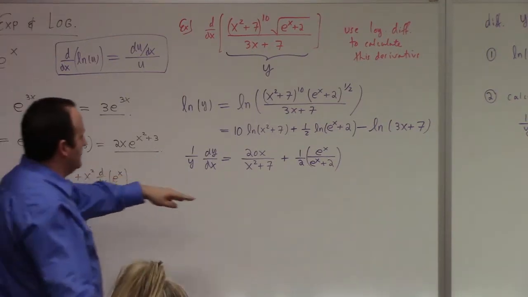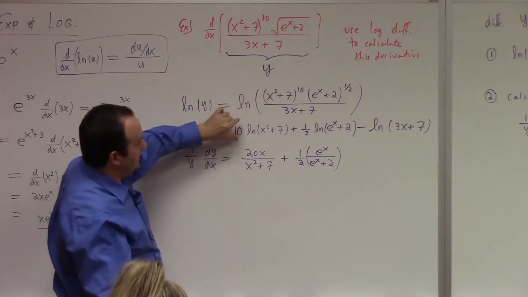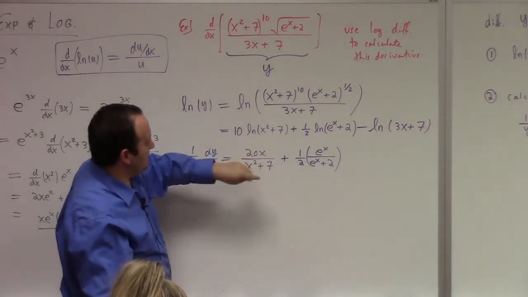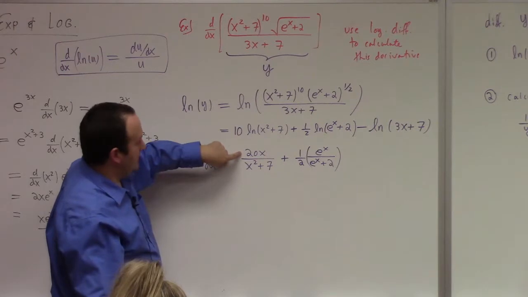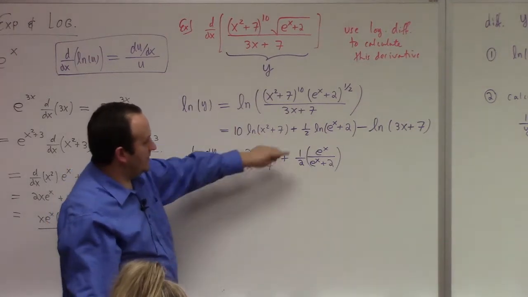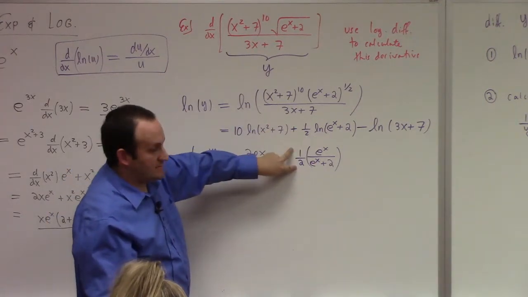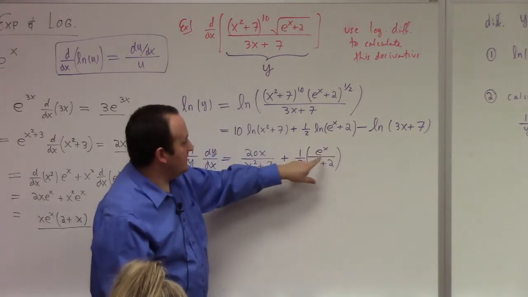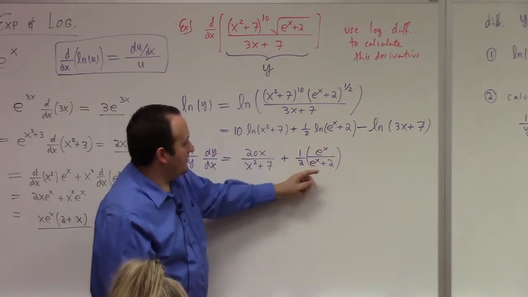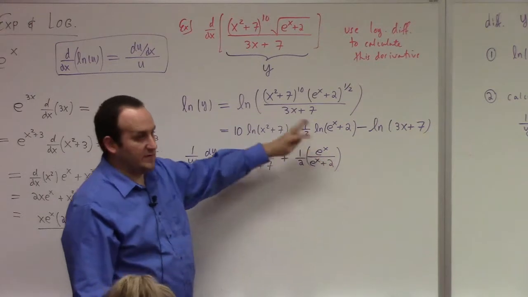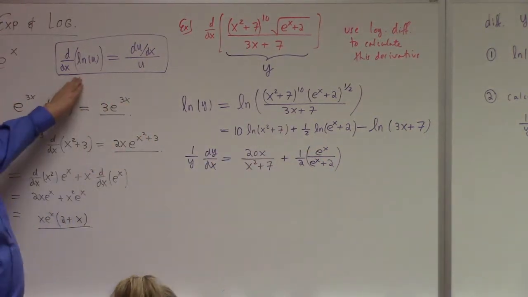So like here, the 10 was outside, right? So the derivative of x squared plus 7 was 2x. 2x times 10 was 20x. And then I divide by x squared plus 7. Over here, I kept the half outside. I do the derivative of the inside function, which is e to the x, and then divide by e to the x plus 2. This is this chain rule.